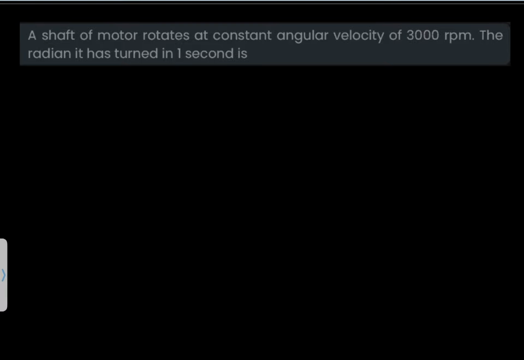Okay, let's see what he is asking. The shaft of a motor rotates at a constant angular velocity of 3000 rpm. The radians it has turned in 1 second will be how much? Okay, so first of all, radian means theta. He's asking us to calculate theta in 1 second. The formula for theta will be theta equals omega into t. Why am I using this formula?